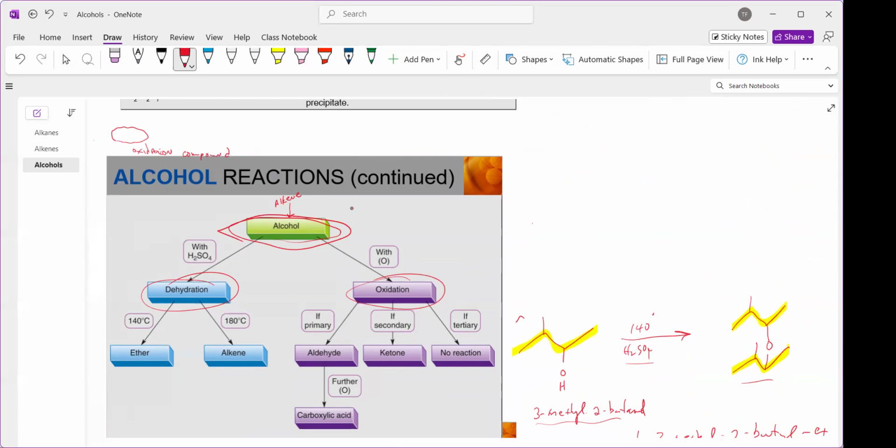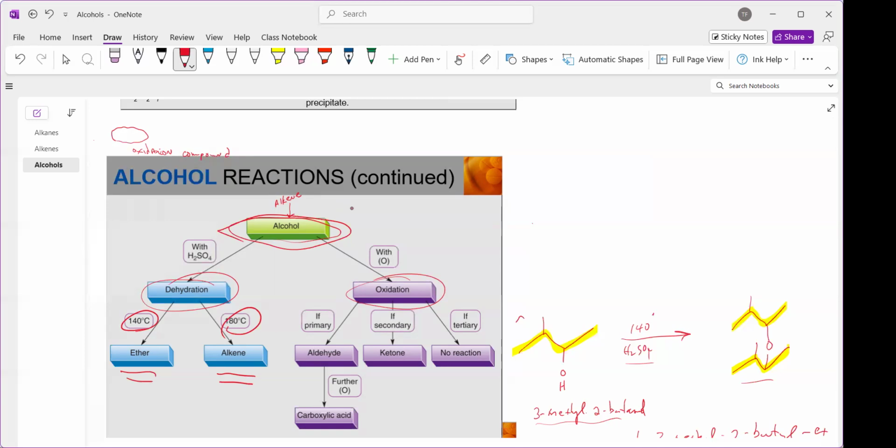We can take an OH off the alcohol and it forms an alkene or an ether depending on temperature, 140 versus 180. Also, we can oxidize alcohols depending on whether they're primary, secondary, or tertiary.